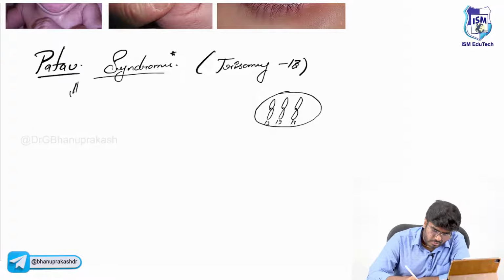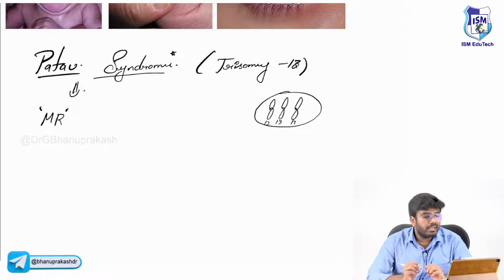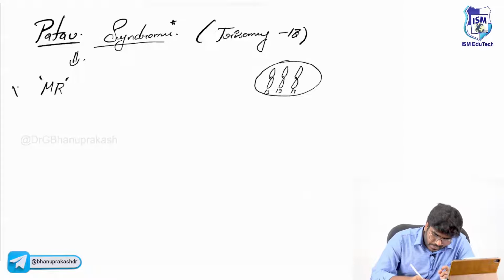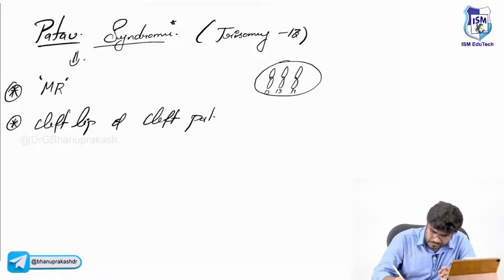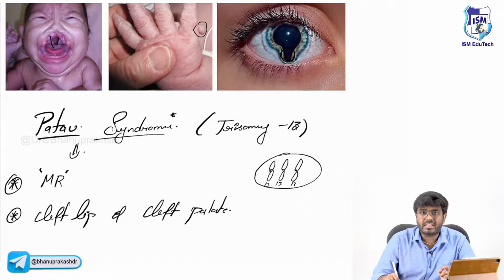So even in Patau syndrome, the patients are going to be mentally retarded. Now, for your exam purpose, what else should you know? There is cleft lip and cleft palate that is going to be seen.